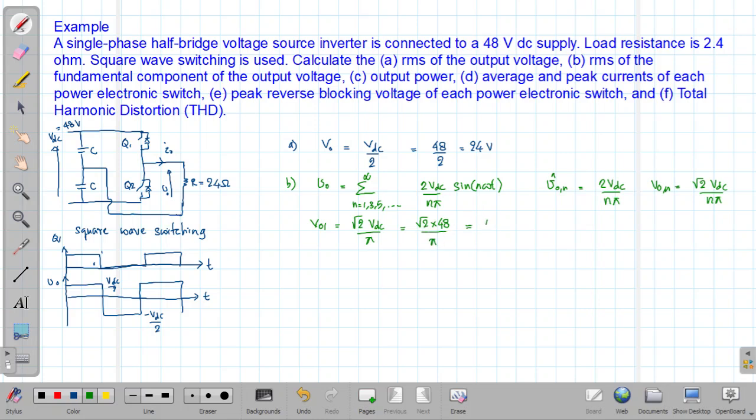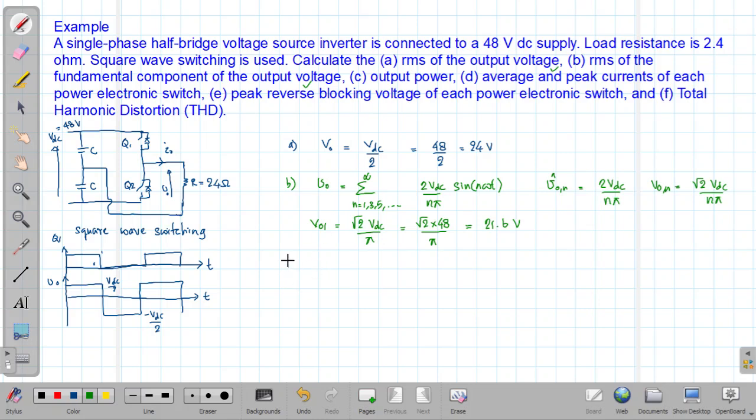This is going to be equal to 21.6 volts. So that's the fundamental component RMS voltage. So we calculated the first one, and now we calculated the second one.